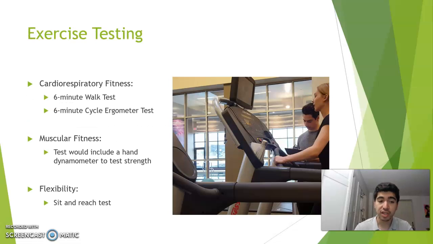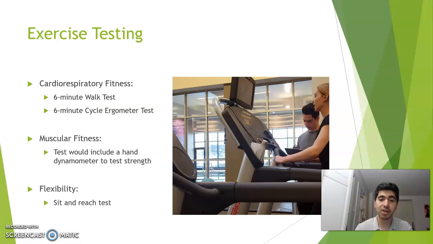So, firstly, for exercise testing, once he is cleared to do so, we will do a cardiorespiratory fitness test, which would include either the 6-minute walk test or the 6-minute cycle ergometer test, whichever one the client is able to perform. We also have a muscular fitness test, using the hand dynamometer to test strength, and a flexibility test, like the sit and reach test.